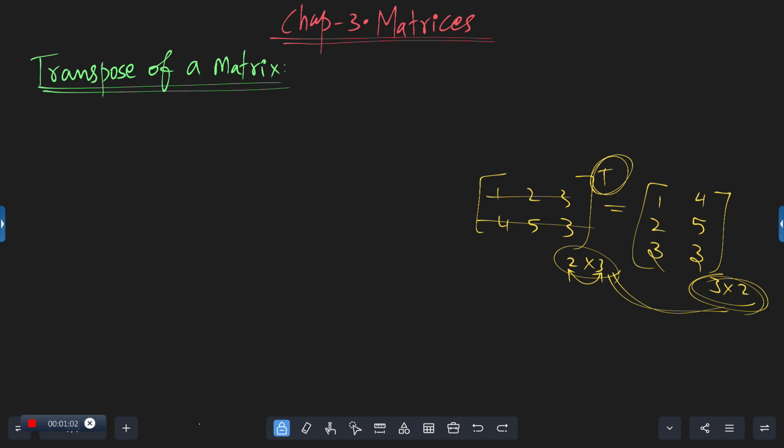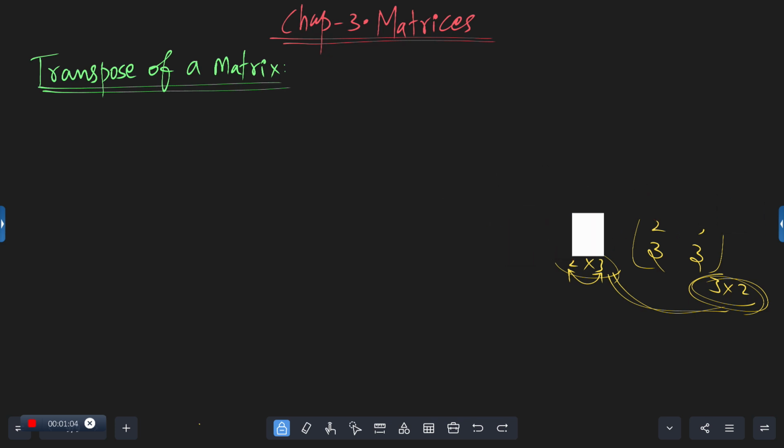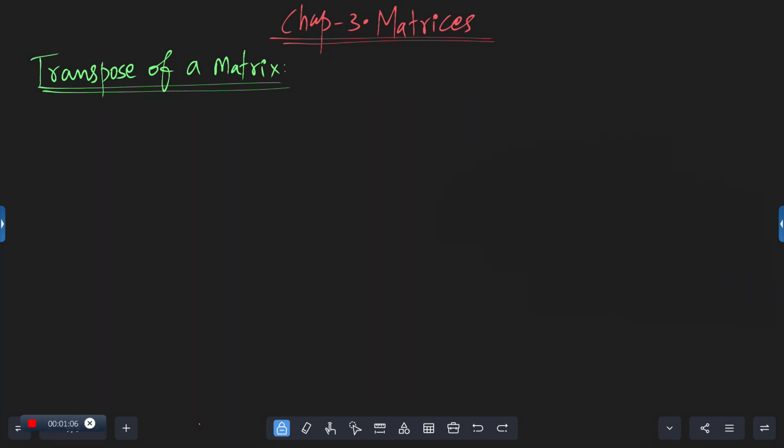That is called the transpose of a matrix, which means rows and columns are interchanged. How we write that officially, we will see. What I'm writing, just copy, children. If A equal to aij be an m by n matrix, m by n matrix means m rows and n columns.